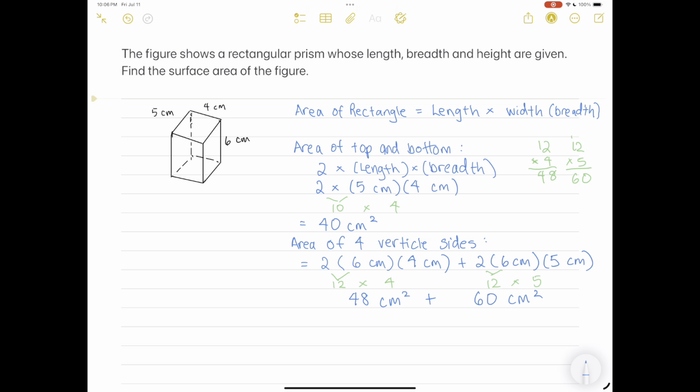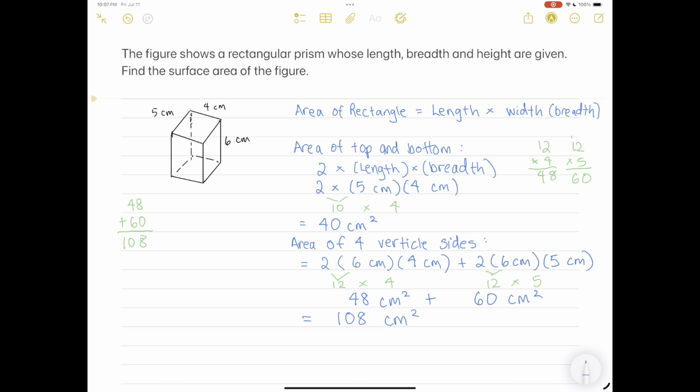Now I have 48 centimeters square plus 60 centimeters square. And I do that addition, 48 plus 60, on the side. 48 plus 60 equals 108. And since I am just adding the units this time, not multiplying, I just add the numbers and keep the same unit of measurement, centimeters square.